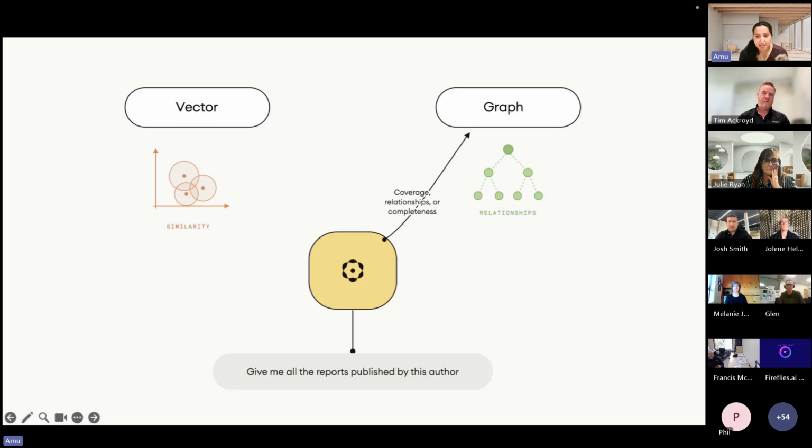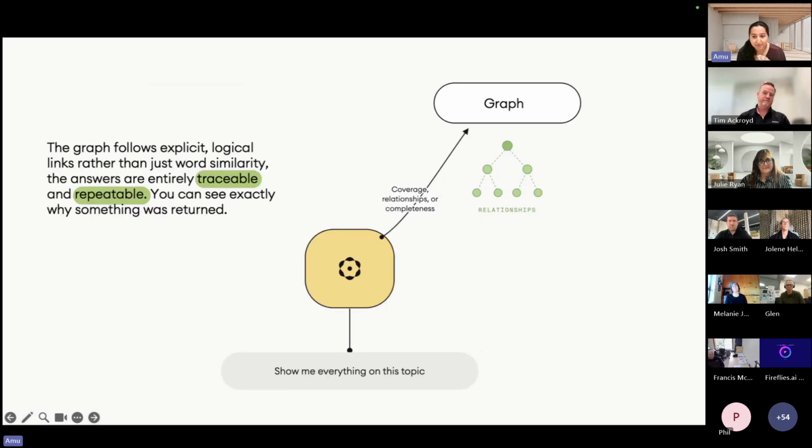But if you ask, give me all the reports published by this author, when the question involves coverage, relationships, or completeness, the agent will opt to use the graph to provide an answer. The graph follows explicit logical links rather than just word similarities, and the answers are entirely traceable and repeatable. And you can see exactly why something was returned to you.